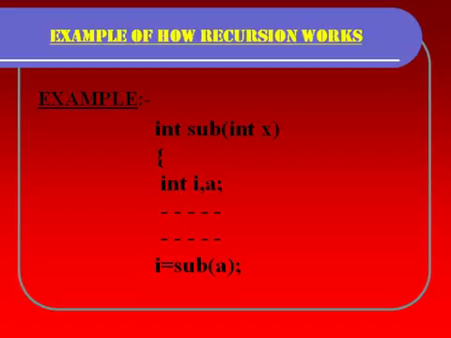Here we can see that sub is a function, and this function calls itself as i = sub(a), so this line is said to be recursive. When the execution of the program comes to this line, the recursion is done.